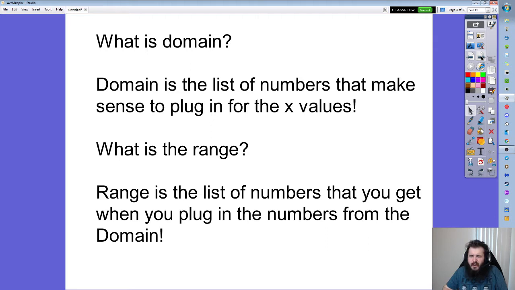If I plug in 64 into the square root function, what do I get out of it? I get 8. If I plug in 10 into the square root function, what do I get? I get a decimal that's somewhere in between 3 and 4, right? We don't have to know that exactly, but we know that there's an output for that input, okay?